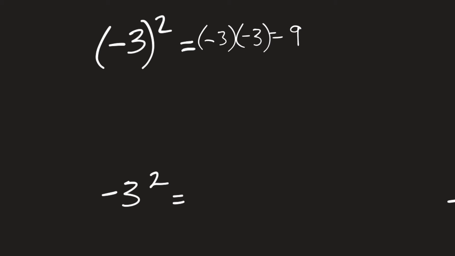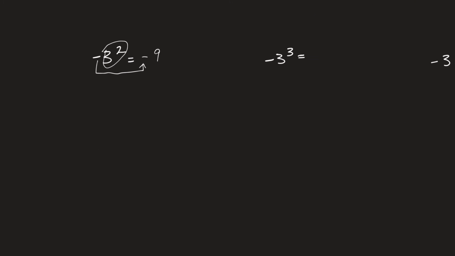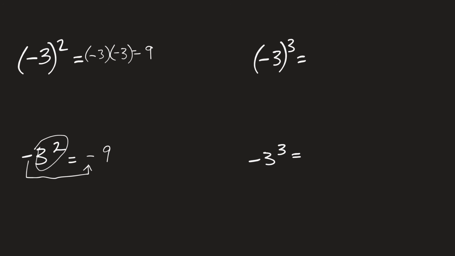If we look at this part here and we know that 3 squared is 9, then this means the opposite of 3 squared, which is negative 9. Okay, nothing too earth-shattering here, but I'd like to introduce these others here.